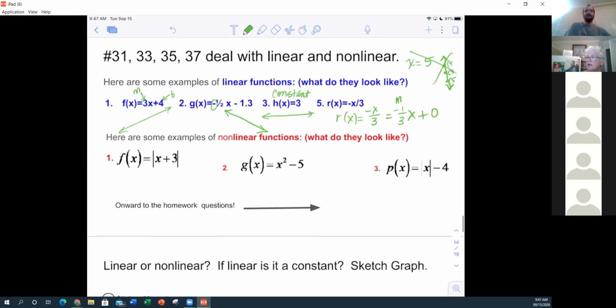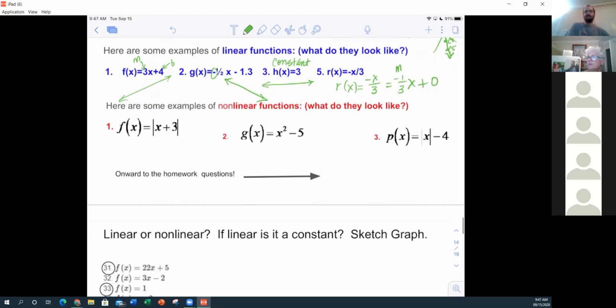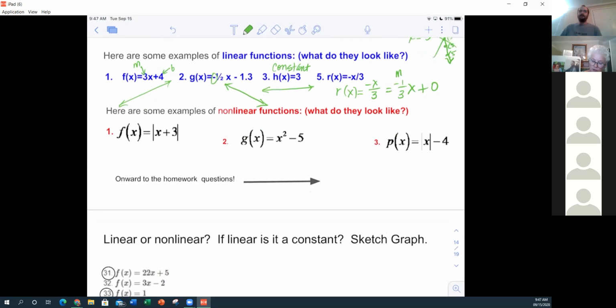Now here you are going to be asked to plot points on these and graph them, but all I really want to do right now is talk about the general shape. Does anyone remember the general shape of an absolute value function? It looks like a V, like the V in value.